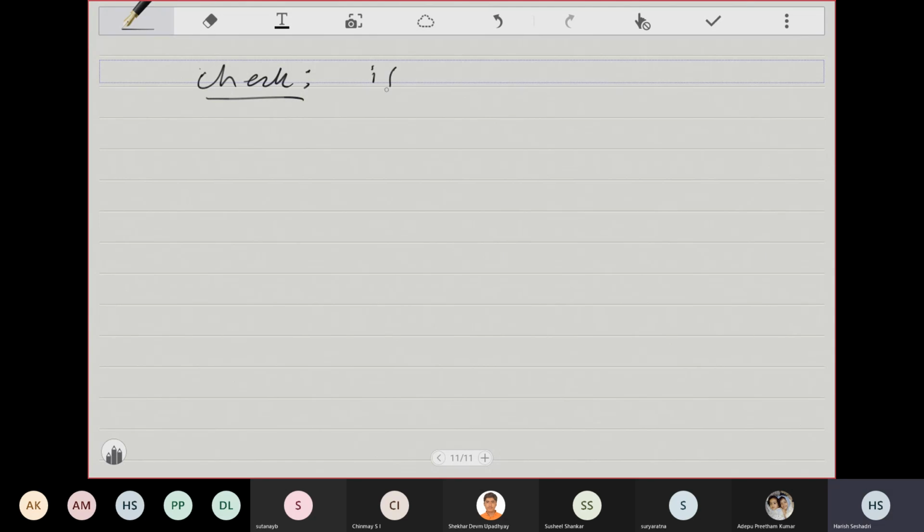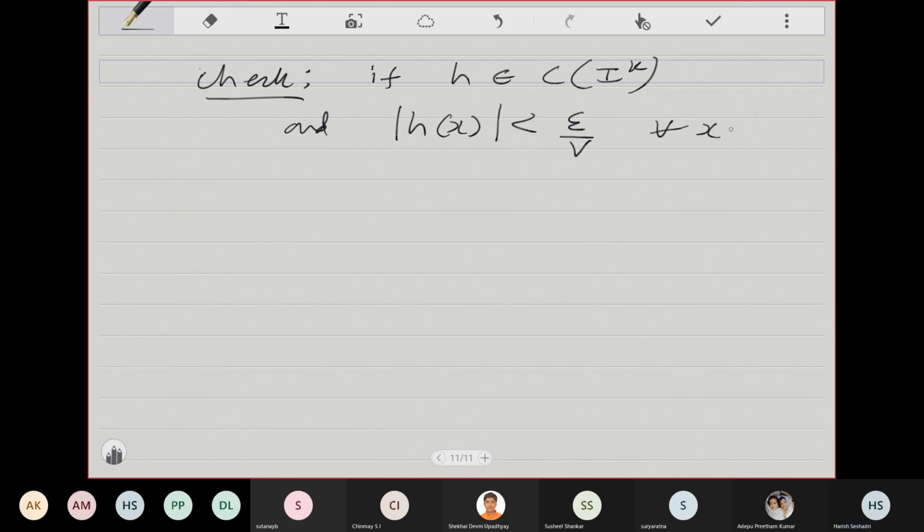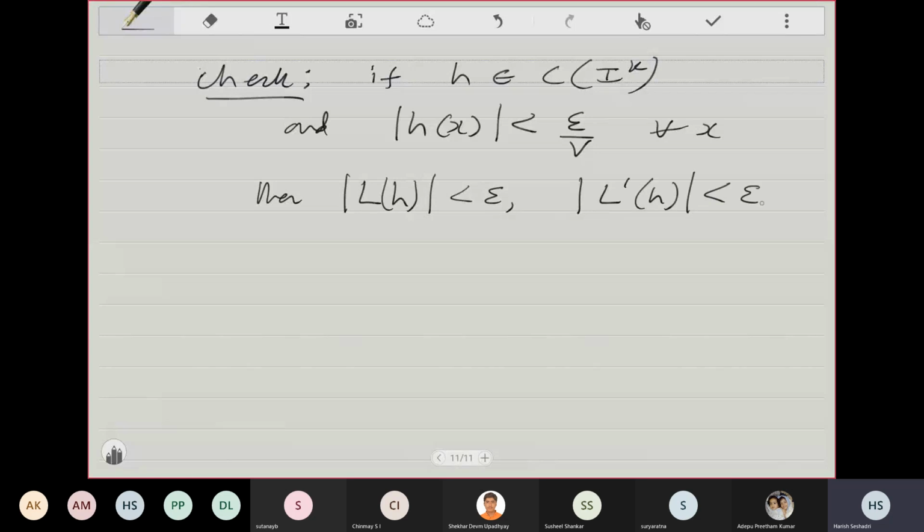If h belongs to C of I^k and modulus of h of x is less than epsilon over V for all x, then L of h less than epsilon, L prime h less than epsilon.